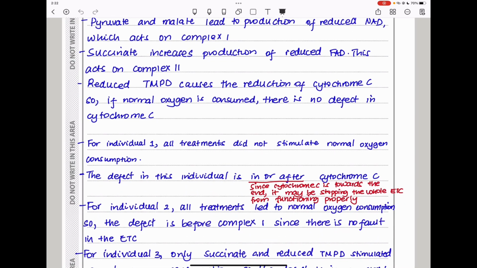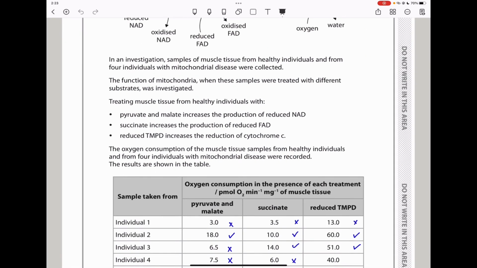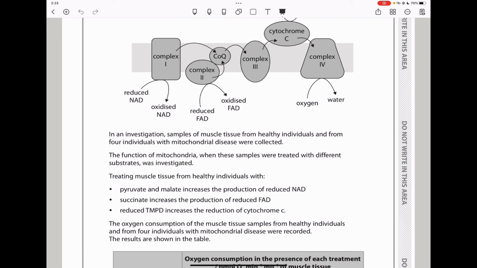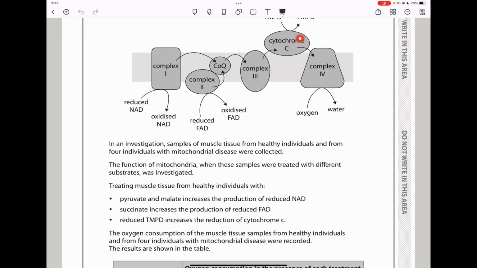So here I went on to say individual 1, all treatments did not stimulate normal oxygen consumption. Then the defect in this individual, that is individual 1, is in or after cytochrome C. Because again, to take you back, you can see if this is not functioning well, that is not well, and that is not well, you can see it should be within cytochrome C. Maybe there is a blockage here.